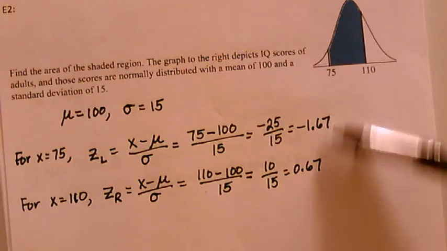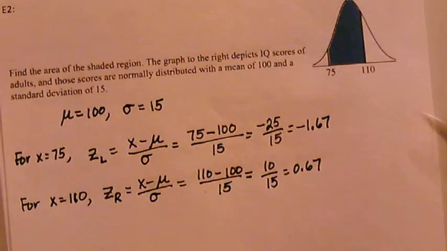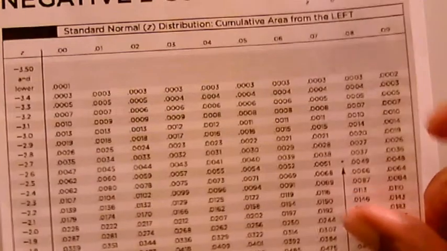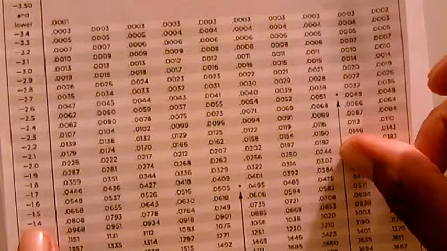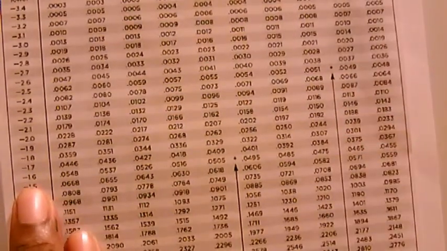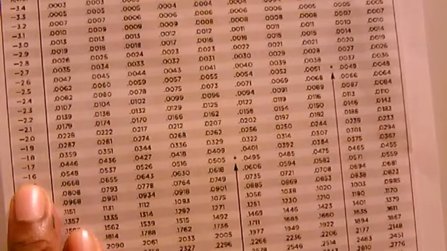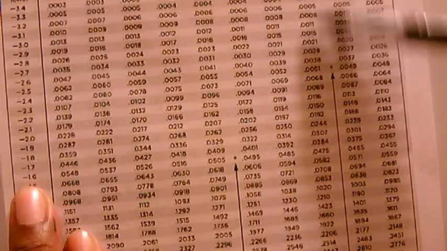Now, for each one of those, we're going to use the standard normal distribution table. For this one, this is negative 1.67. So we use negative z-scores, and we're going to find negative 1.67. So here's negative 1.6 right here, and 0.07 is this column right here.